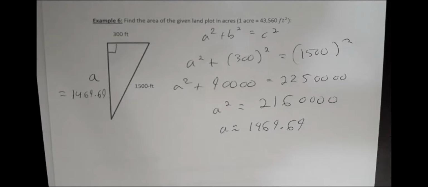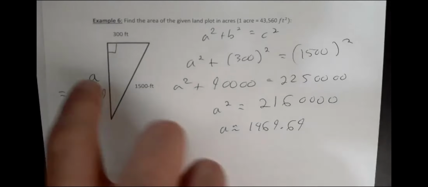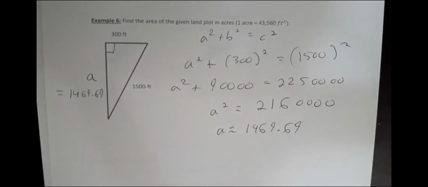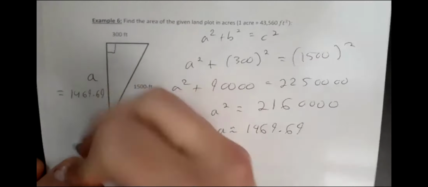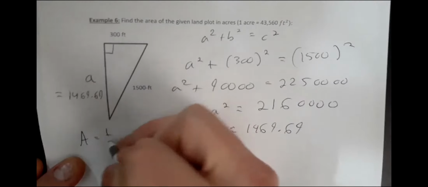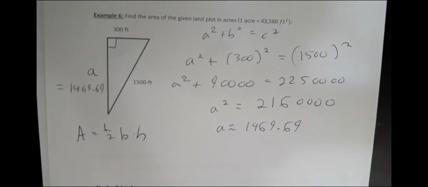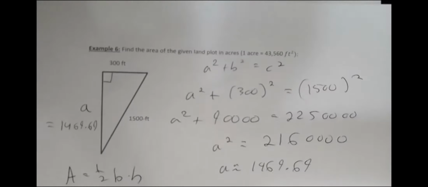But if I want to know how to find the area of this, I need to know the base and height. So I need two things that are at a right angle. If I remember correctly, my area of a triangle is 1/2 base times height. And now I have my base and my height, and I can multiply these two things together and find the area of my triangle.